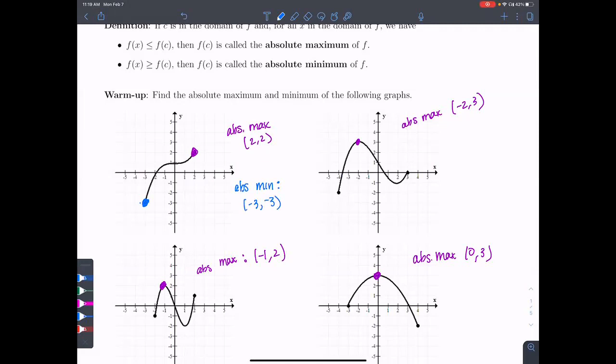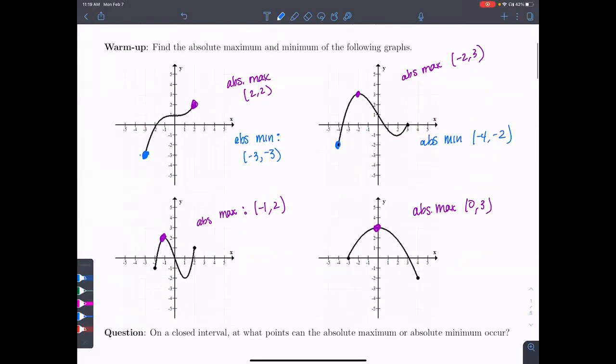Over here, like what I was saying, this is a relative min, but it is not the absolute. This is the absolute min here at -4, -2. On this one, it's right here, the lowest point on the graph, period. That is 1, -2. On this one, we have this guy right here.